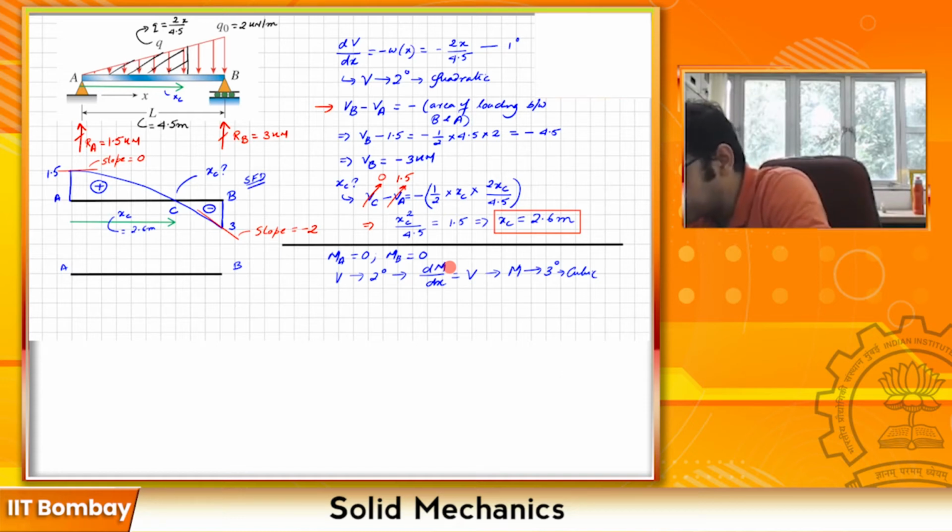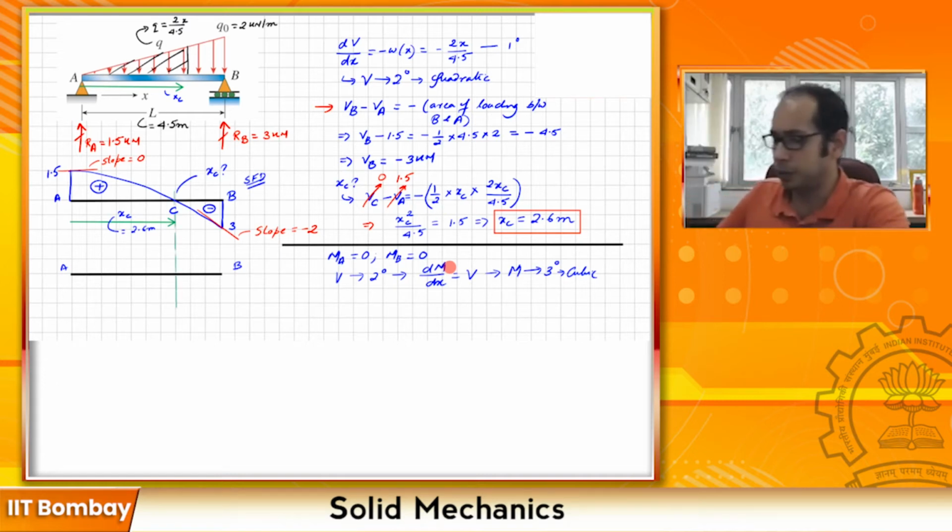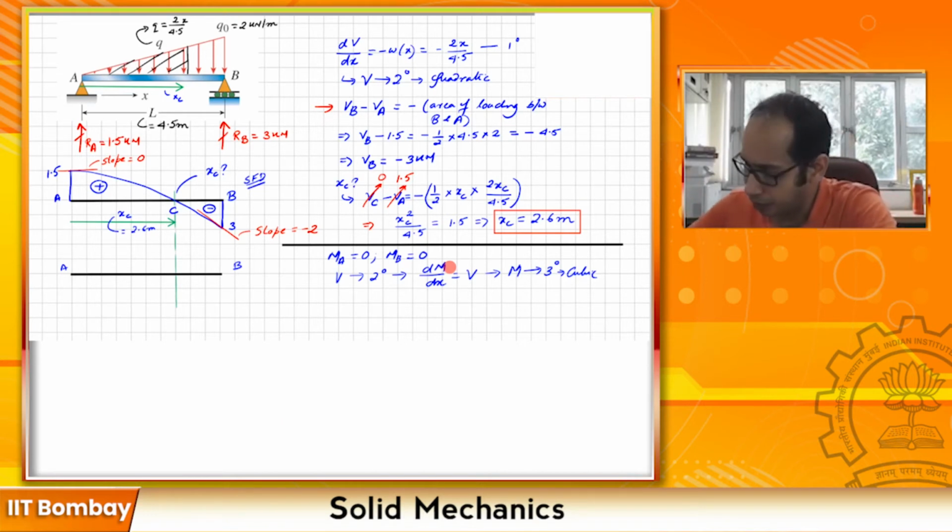Let me drop this line over here. So how is the moment going to vary? It is going to have a maximum at C, 0 at A, and 0 at B, using a cubic variation. So the variation is going to be somewhat like this.